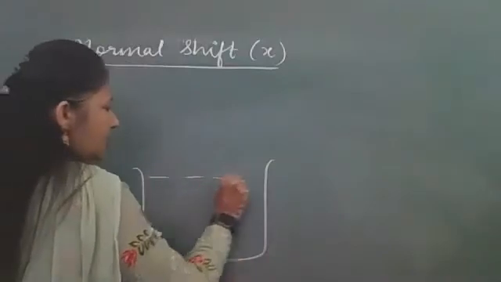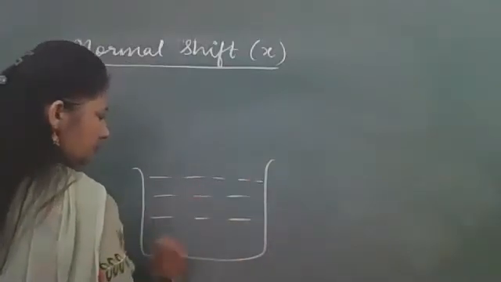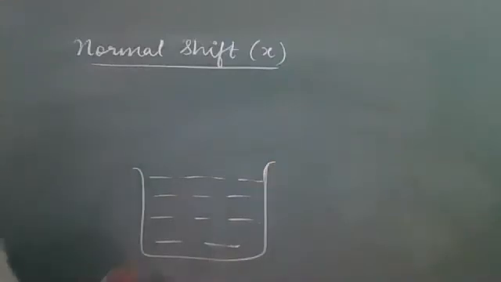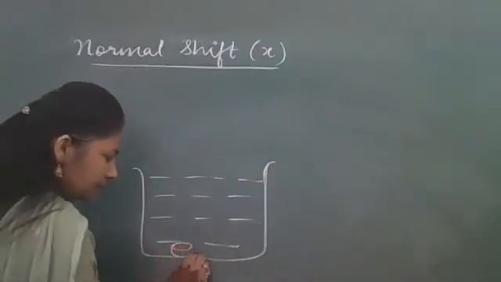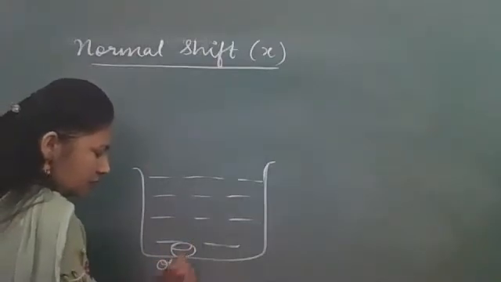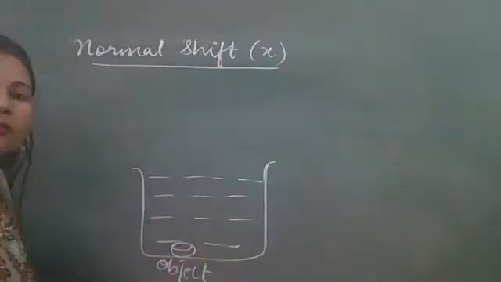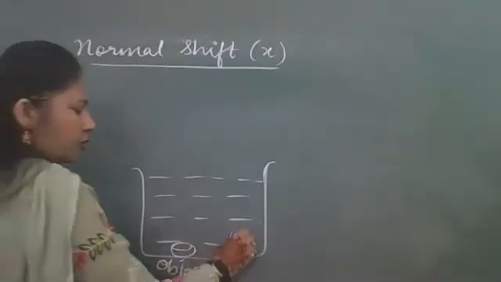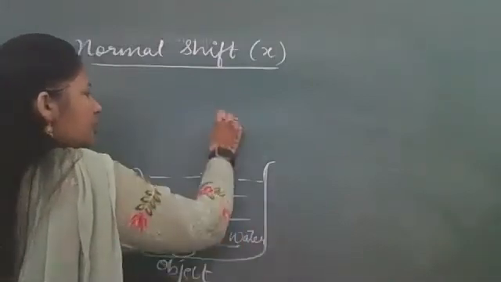We have a bucket containing water, and a coin is kept at the bottom. So this is the object. Now from this object, so many rays are going outside from water to air, from denser to rarer medium.